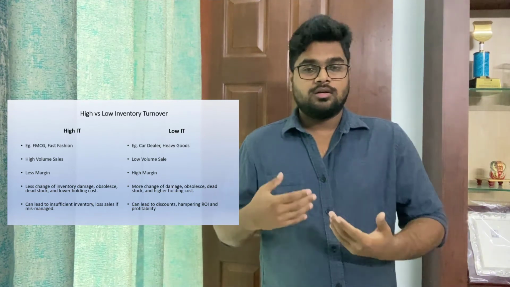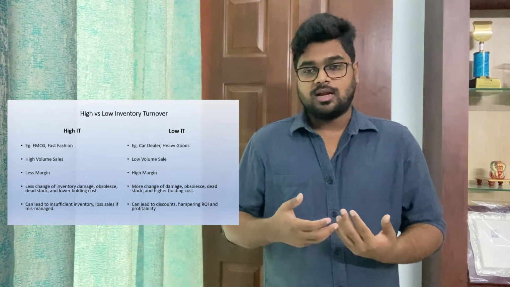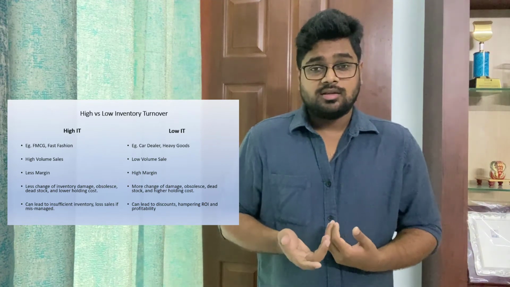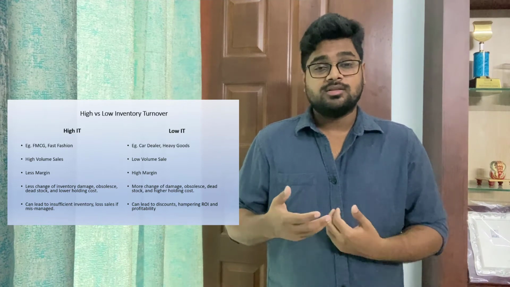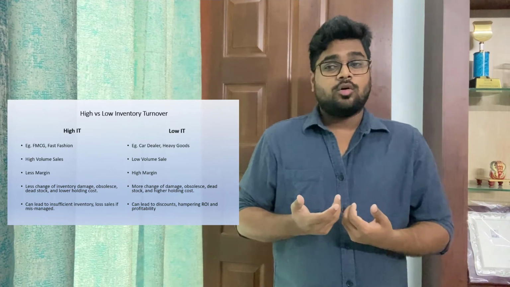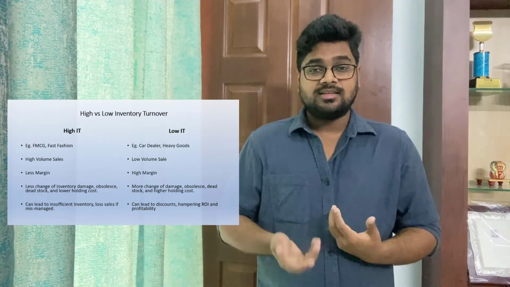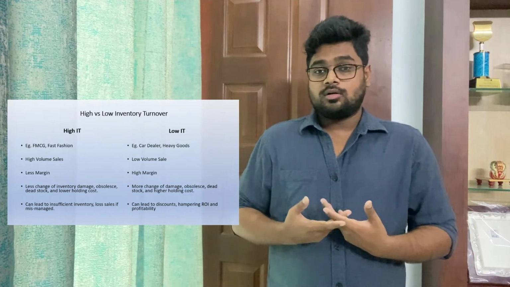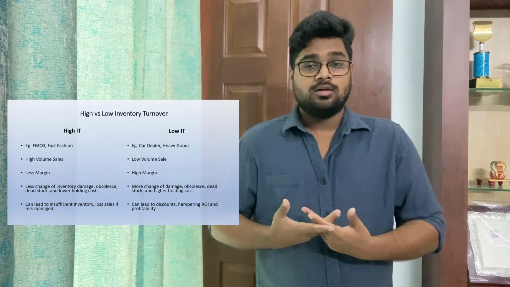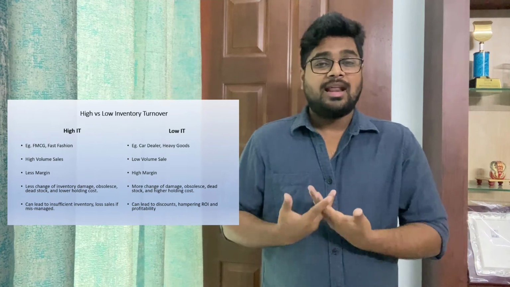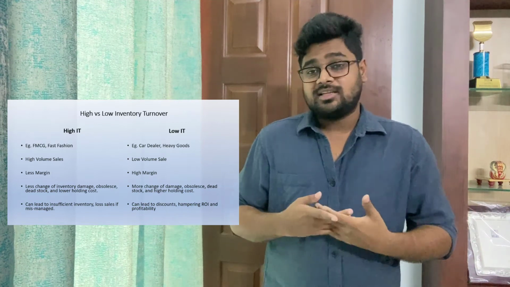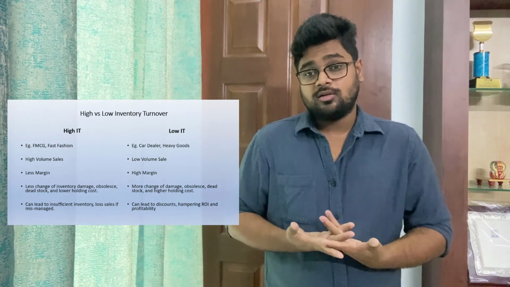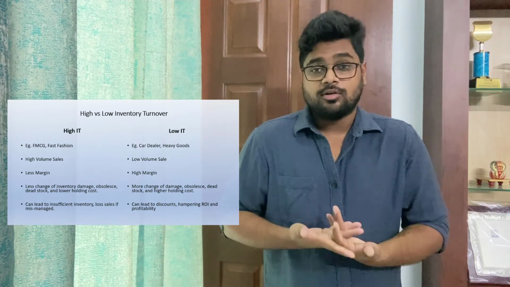Now, a higher turnover ratio basically implies that you're selling your goods fast. That means your financial summaries are good, and that also means that there's very little risk of your inventory being spoiled or damaged, and obviously there's less holding cost also, because holding cost also adds up to the inventory cost later on, right?